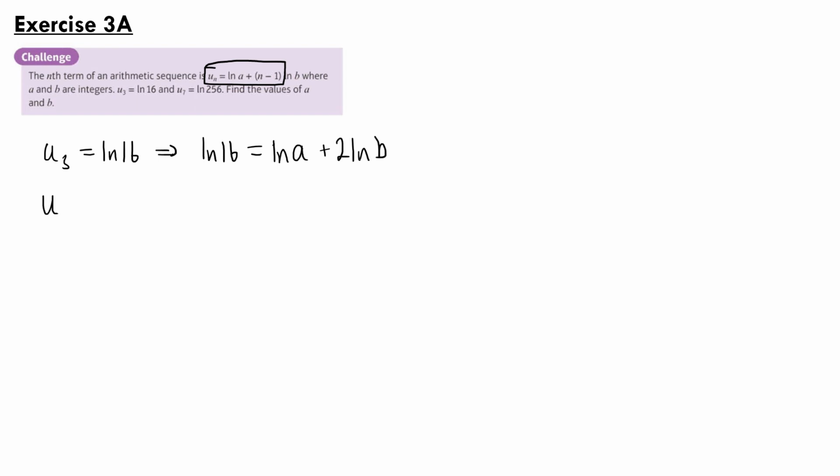And doing the same for u7, we know that equals ln of 256. So ln of 256, again using the formula, is ln a plus 7 minus 1, lots of ln b. And from here, we need to solve these two equations simultaneously.